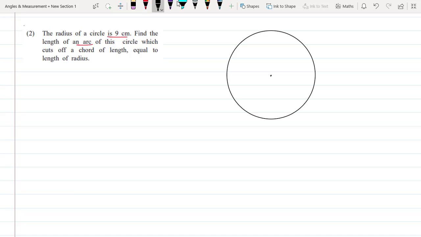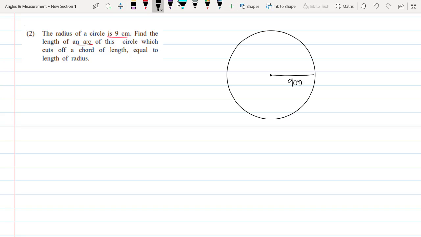Suppose this is the center. Here the radius is 9 centimeters. Find the length of arc of this circle which cuts off a chord of length equal to the length of the radius.